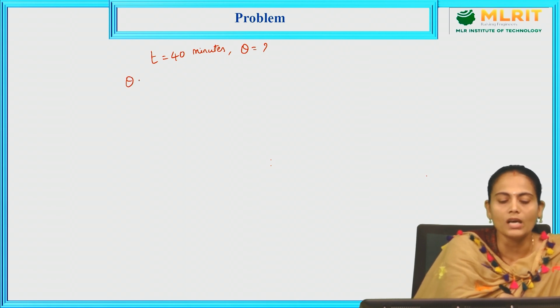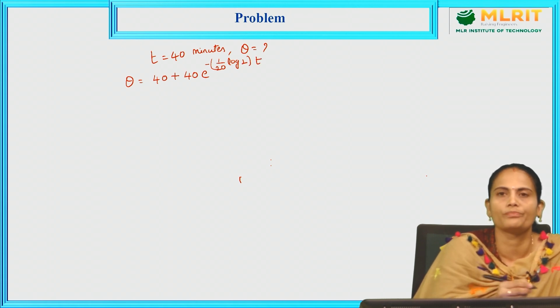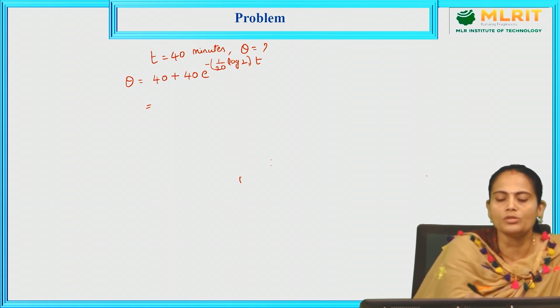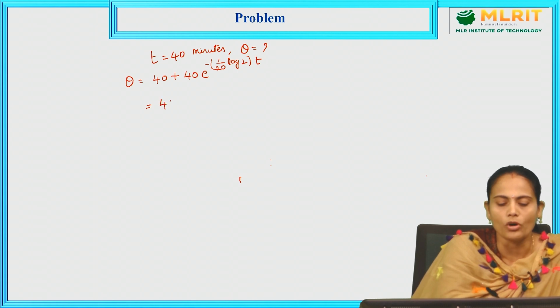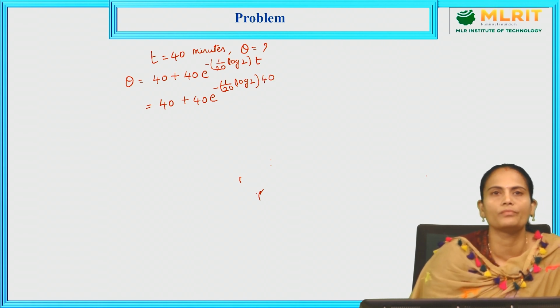What is the third equation? Theta is equal to 40 plus 40 into e power minus 1 by 20 into log 2 into t. So now we are going to substitute the value of t here. 40 plus 40 into e power minus 1 by 20 into log 2 into t value, which is 40.